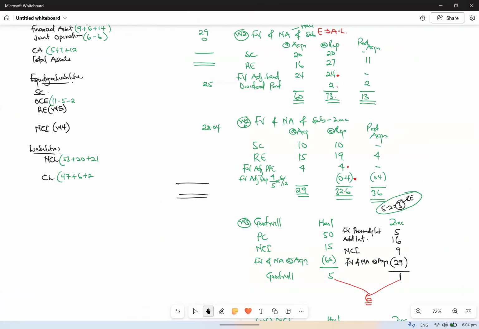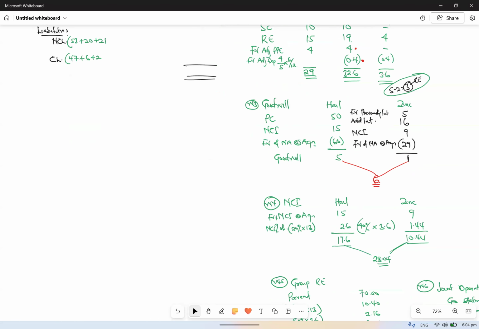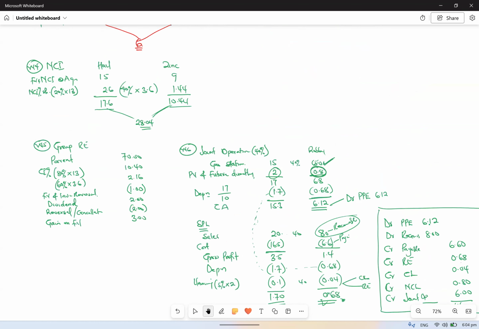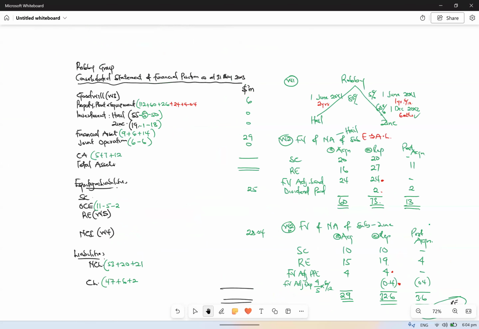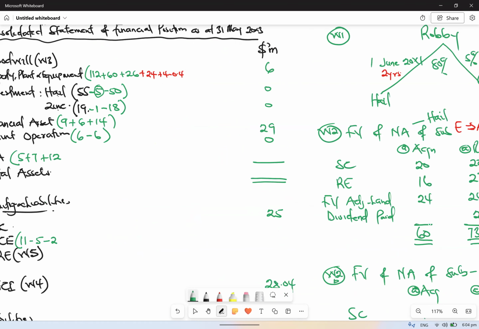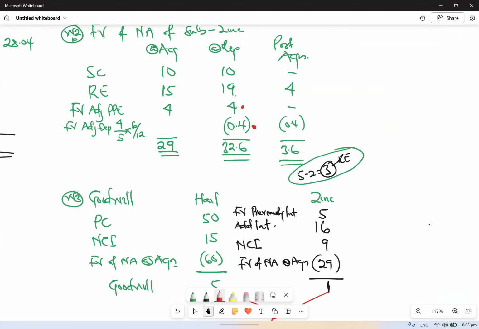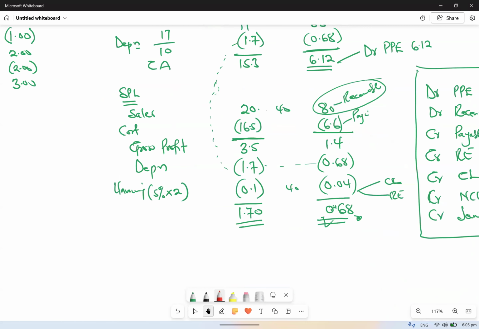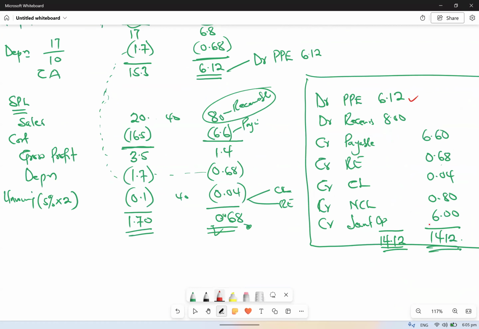Our PPE, where is the journal? So we must add 6.12 to our PPE. So you come here, 6.12. You must add that. Then what else do you have? You've done this, you've done this.